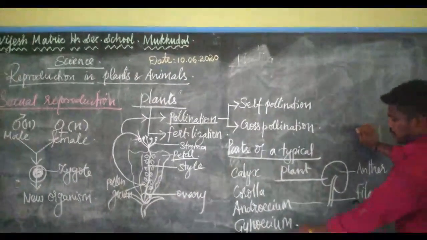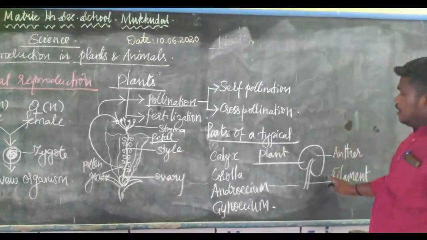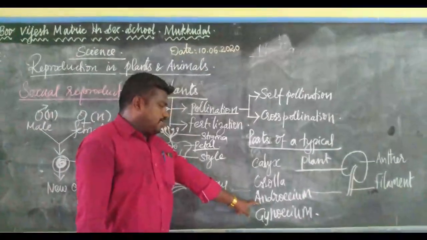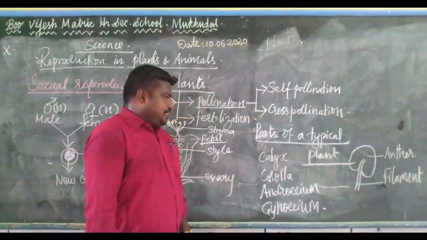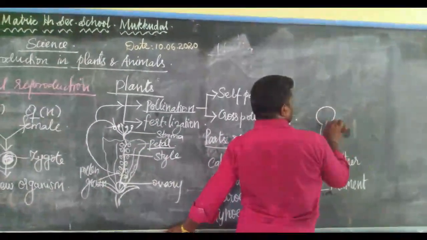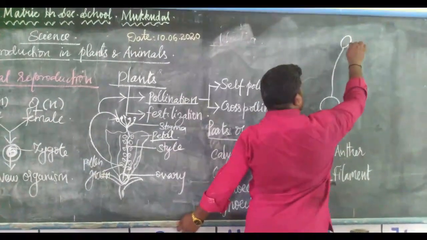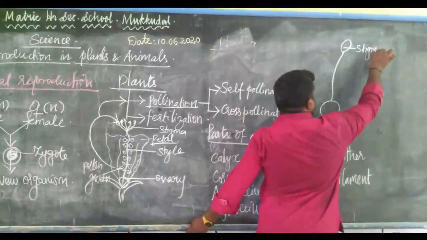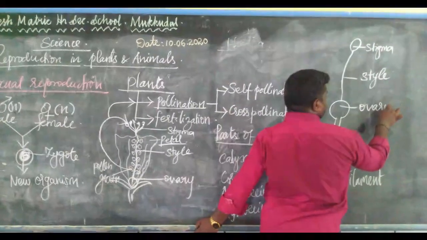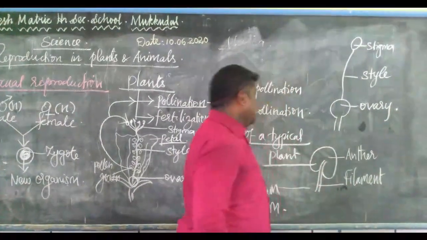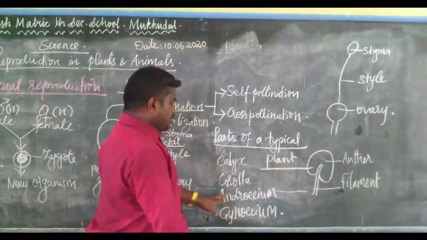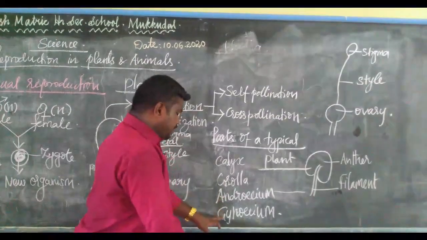The androecium is the male reproductive part of the plant.